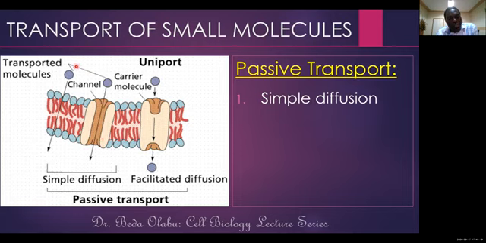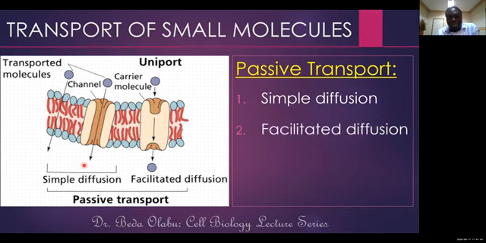As long as the molecule in question is concentrated more on one side than another, there will be net movement. It can move through the membrane like this if it's able to move through this fatty layer, or it can move through an ion channel. That is simple diffusion.